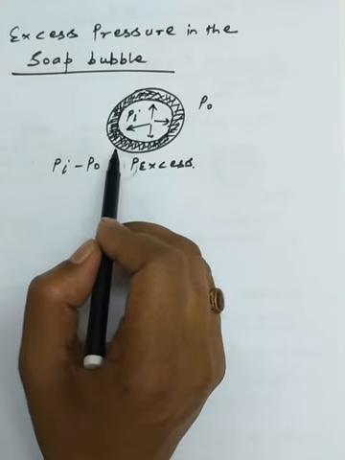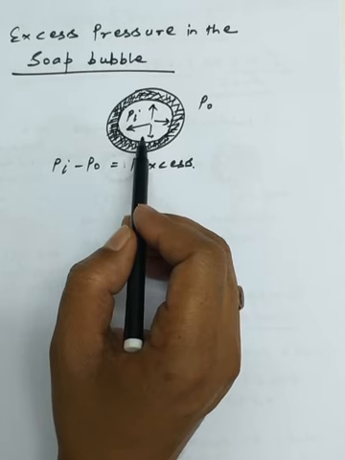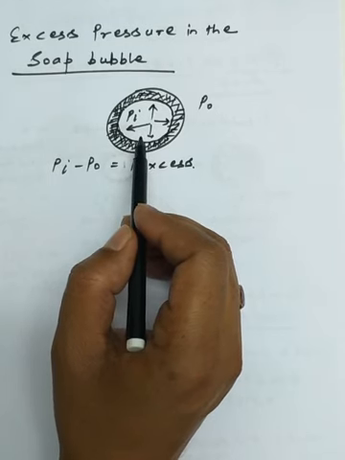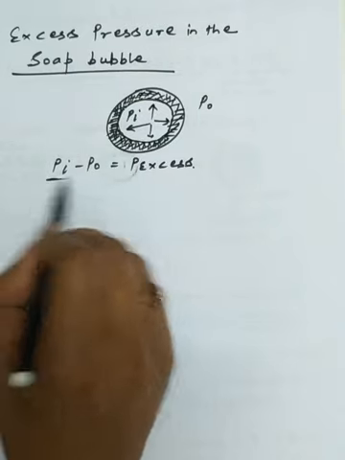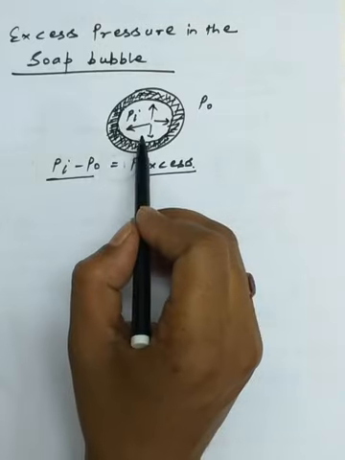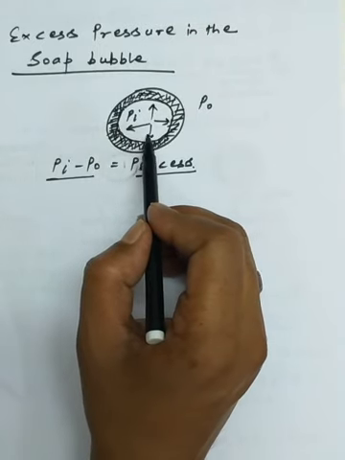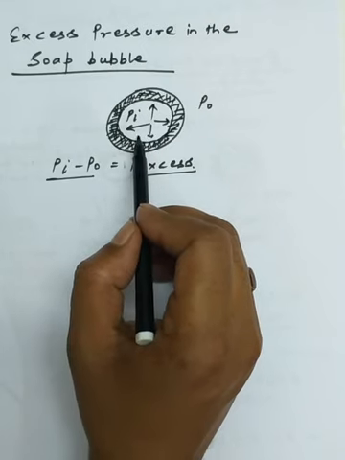Now we are just imagining the concept of the soap bubble. Already I have discussed with you that a soap bubble has two interface surfaces. And already we have said that there is a pressure difference between the curved outward surface and the curved inward surface.